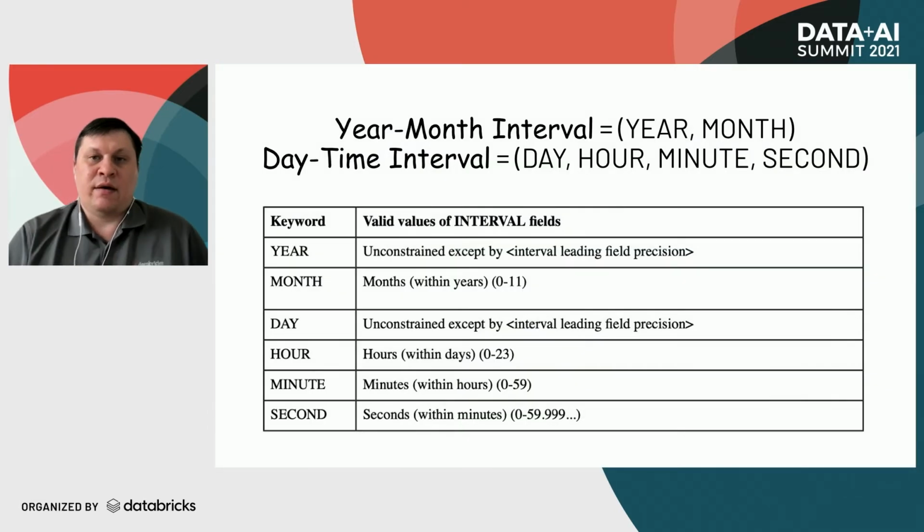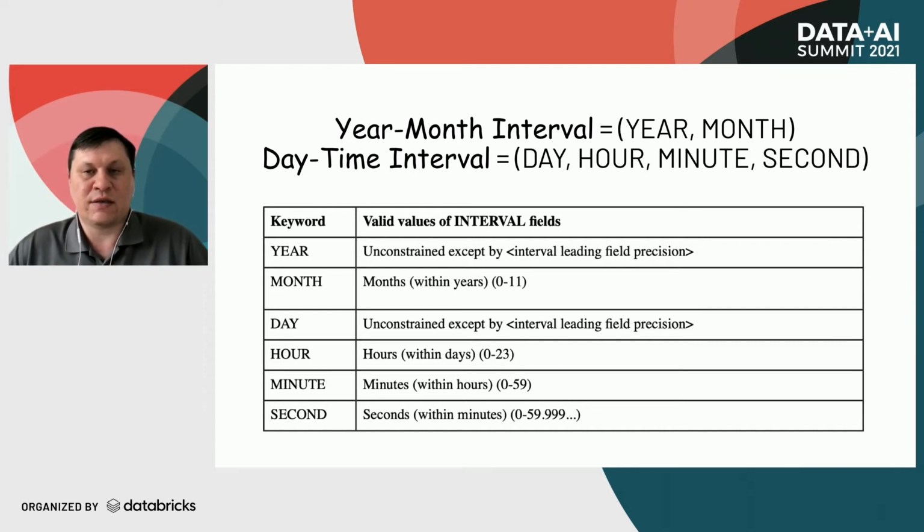So if we look at the SQL standard, it defines intervals as a combination of fields. Year-month interval is a pair of two fields, year and months. The months field has restrictions, so it can contain only numbers from 0 to 11, which is obvious.